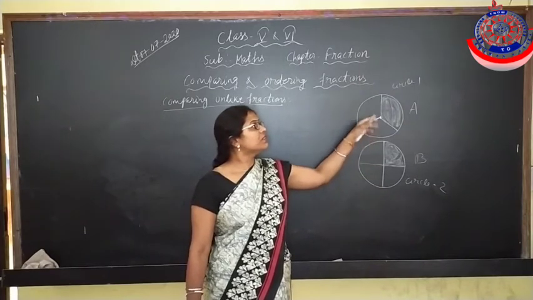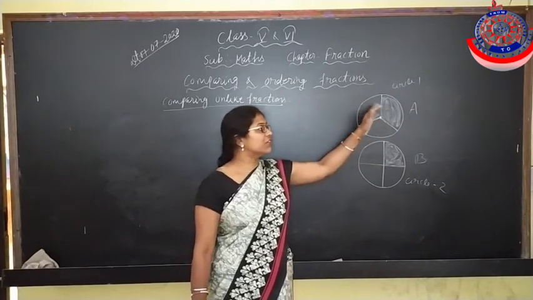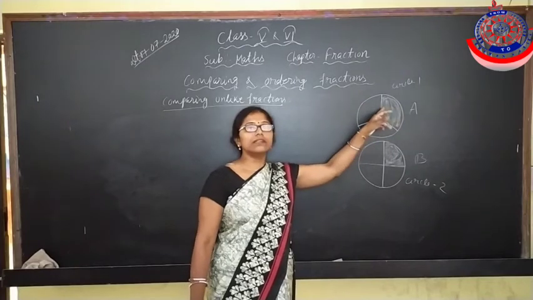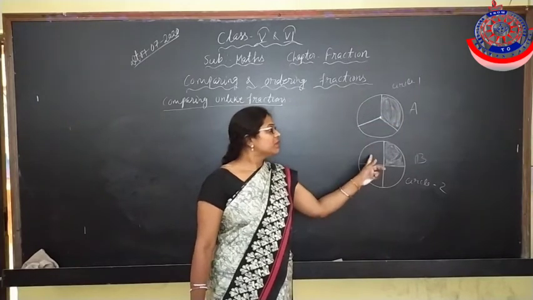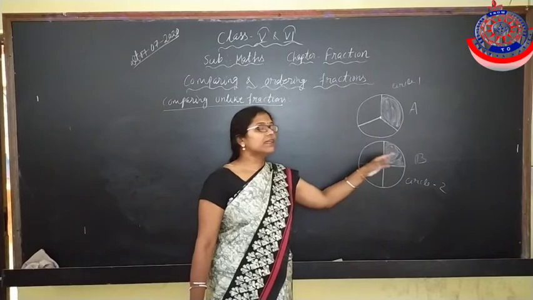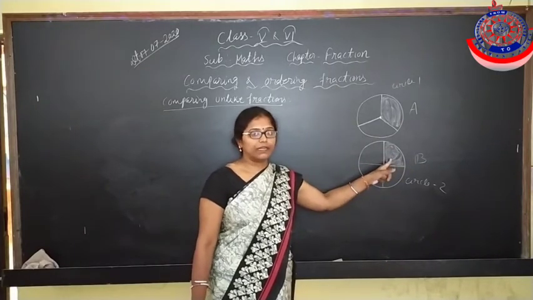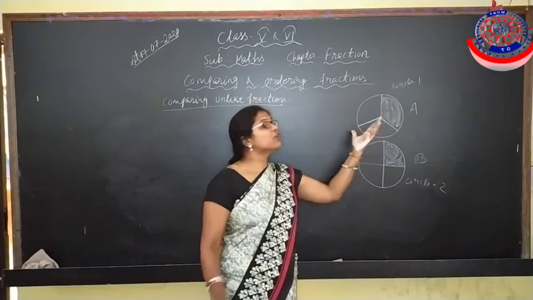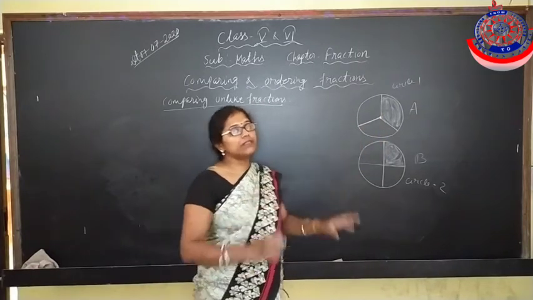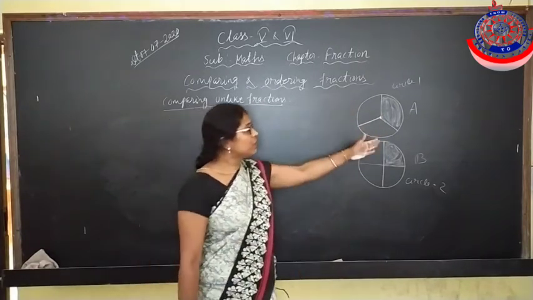We have just divided the first circle in 3 parts and A has colored one part, and the second circle divided in 4 parts and B has colored one part. Then who has colored the maximum part of the circle? You can know from this example.